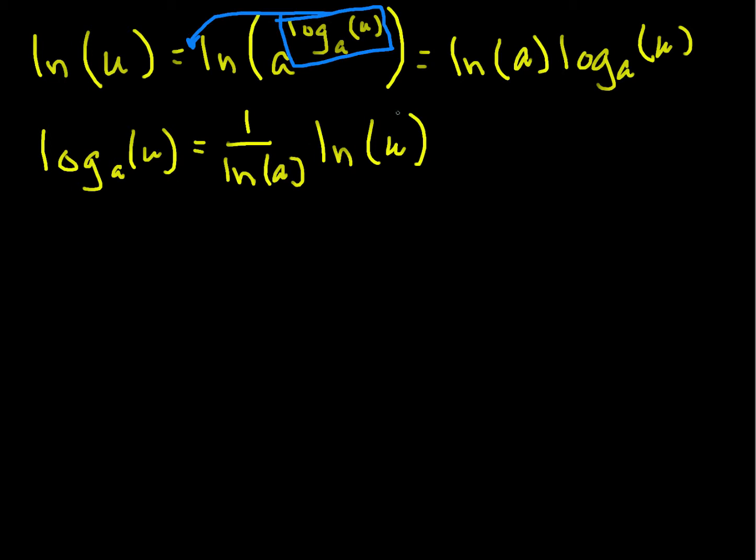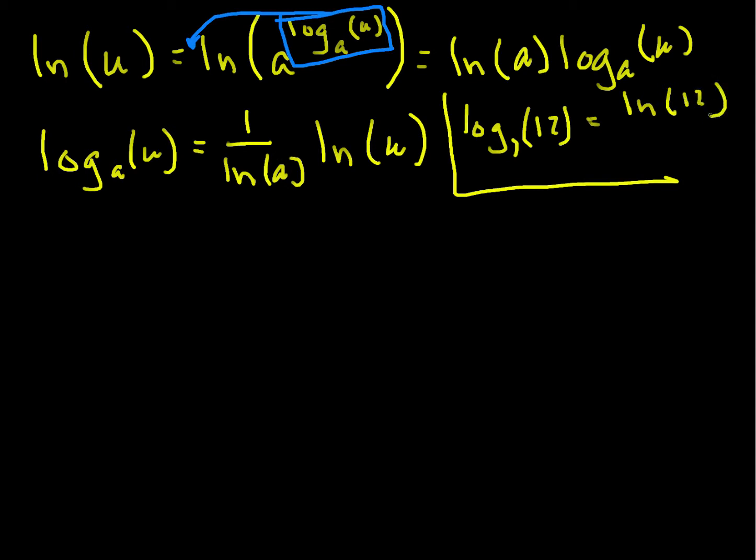So if I want to know log base 7 of, say, 12, I can put in my calculator natural log of 12 divided by natural log of 7. This is why calculators don't have every single base on them, because all you need is the natural log, though a lot of calculators have base 10.